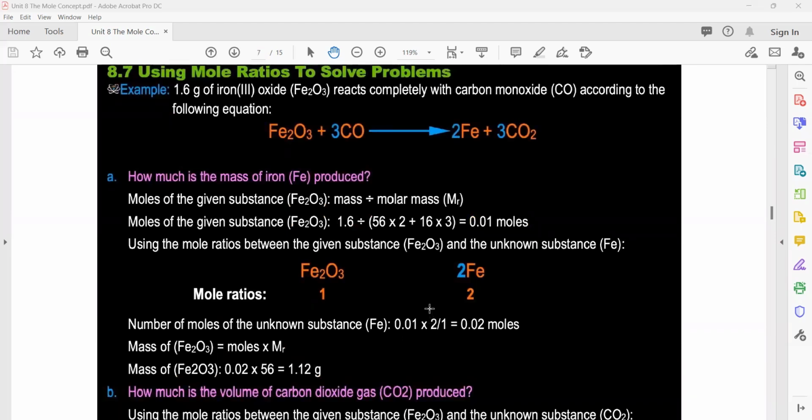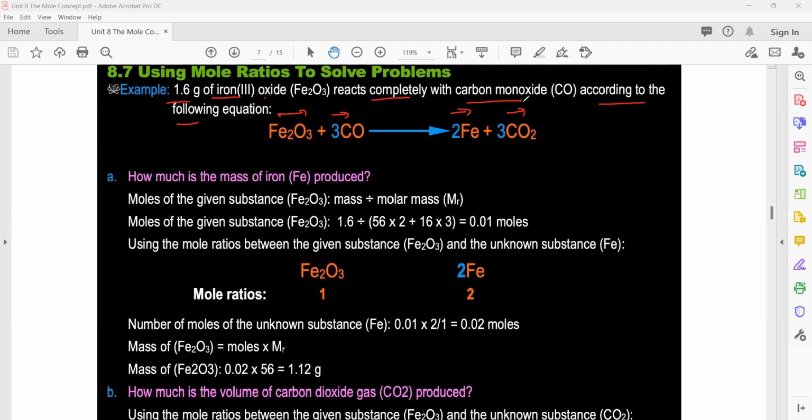Okay. Now in the exam, they can give you a question like this, and with the help of that you will solve it. For example, 1.6 grams of iron(III) oxide react completely with carbon monoxide according to the following equation. Now see, here iron oxide is reacting with carbon monoxide, giving you iron and carbon dioxide.